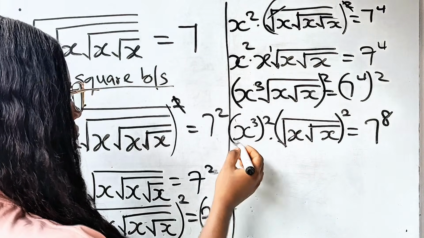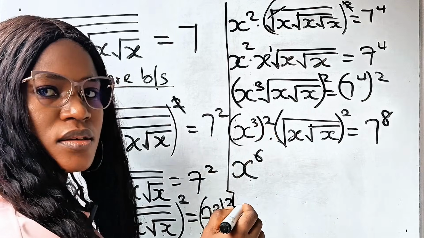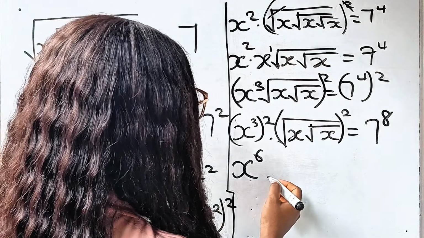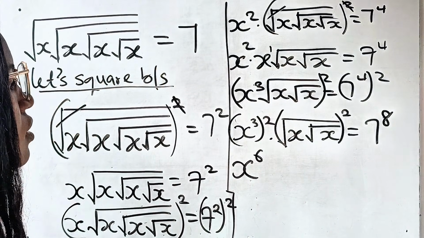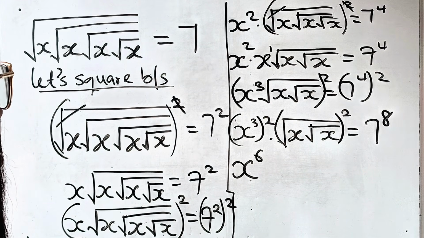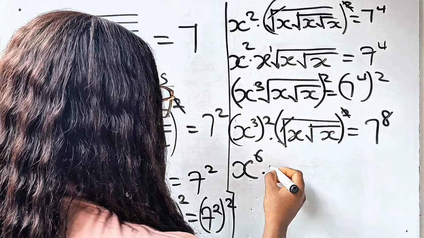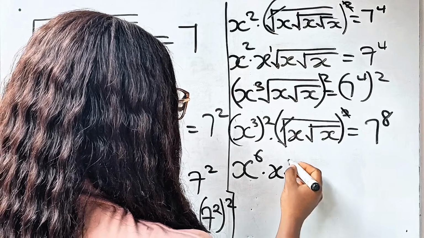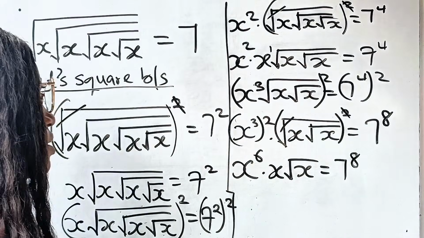So if we expand here, we have x to the power of 3 times 2, which is 6, multiplied by, now we take away this root, we are left with x root x is equal to 7 to the power of 8.